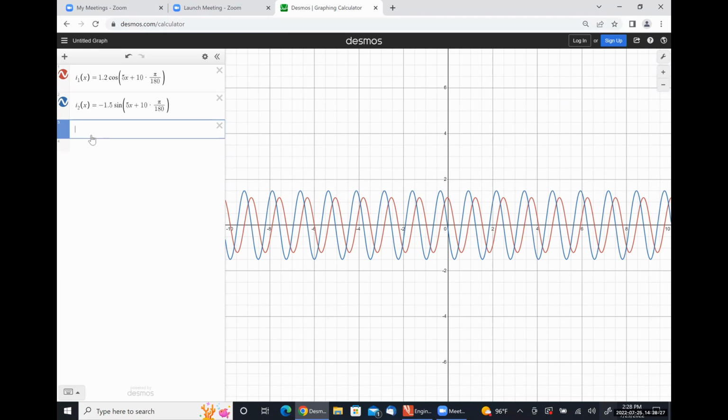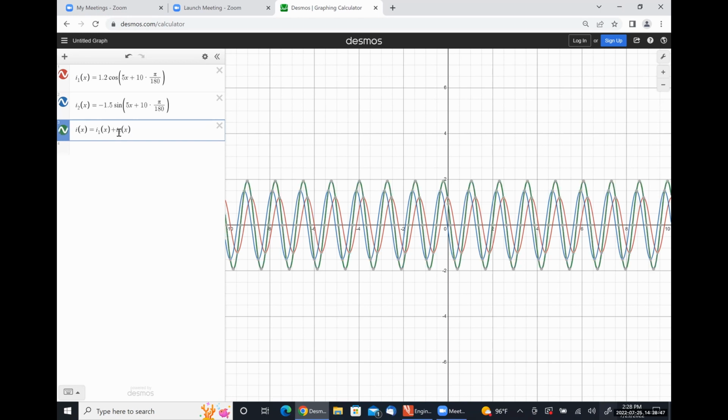I'm going to add these two together and say that I of t is simply I1 plus, actually I need to call that I of x or it's going to freak out, plus I2. And I'm going to turn off I1 and I2.